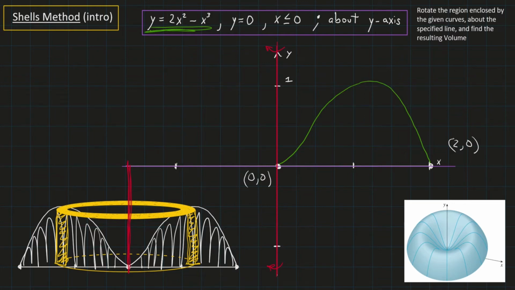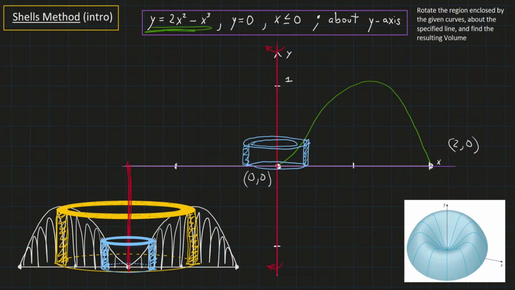Here's another one. I can imagine a smaller rectangle right here, and I can imagine revolving that guy around our y-axis to make another one of those shells. So here is that little rectangle that we revolved around the y-axis to make that little blue shell.